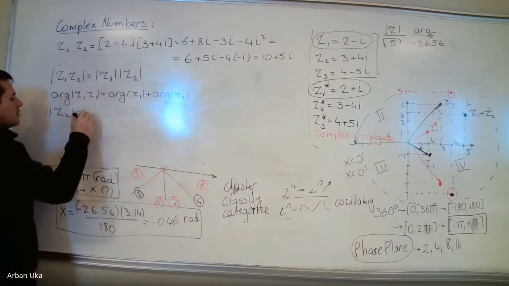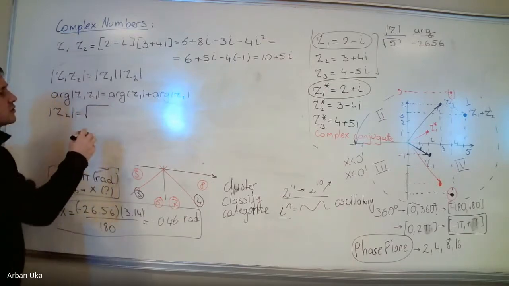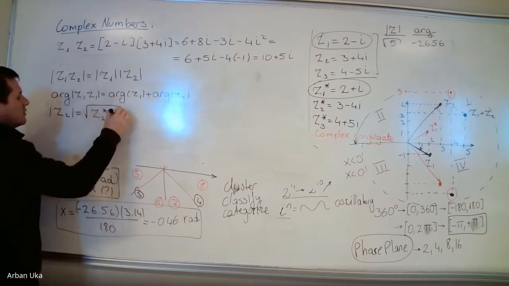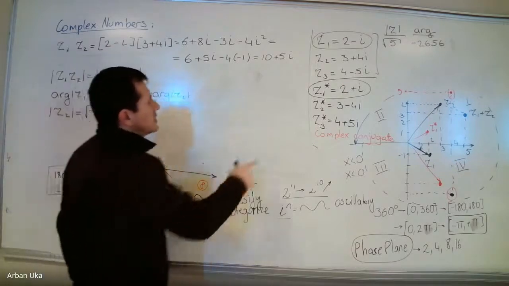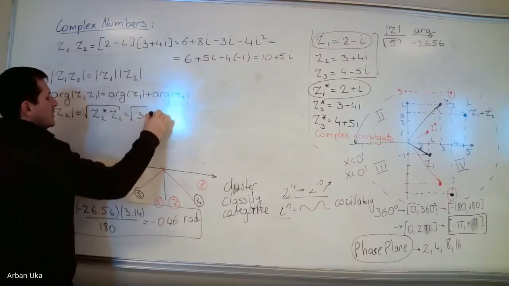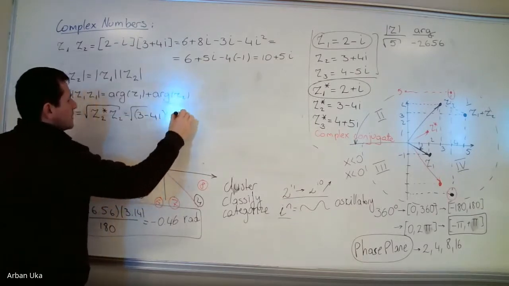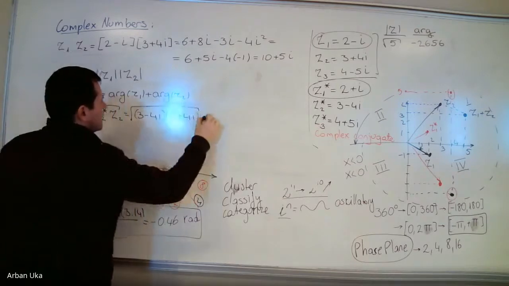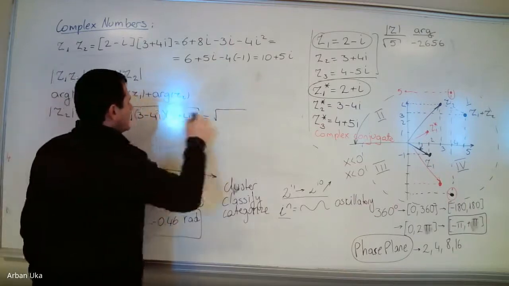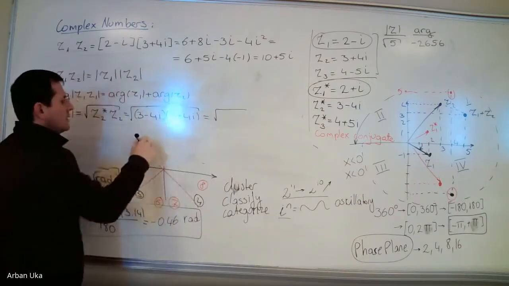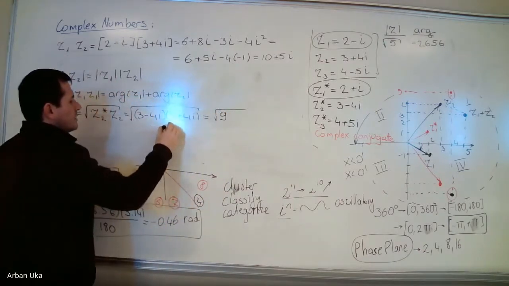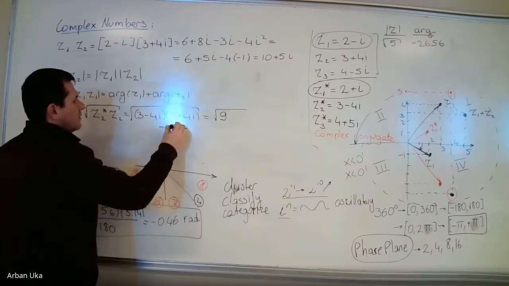So the magnitude of Z2 squared is equal to the complex conjugate of Z2 times Z2. Z2 complex conjugate is 3 minus 4i. So here we have 3 minus 4i times 3 plus 4i, and this will be equal to, as we say, a minus b squared, so 3 squared, which is 9, minus 4 squared i squared.